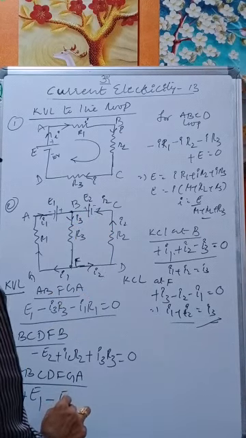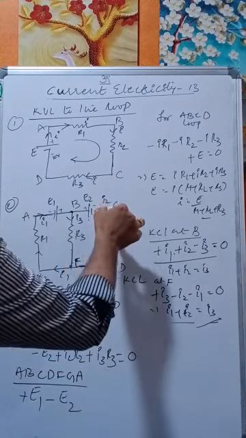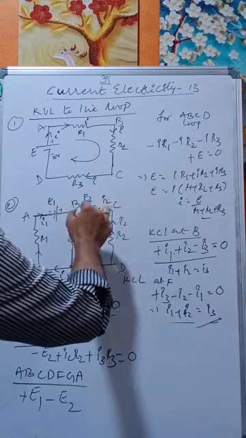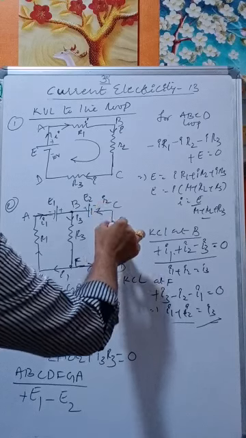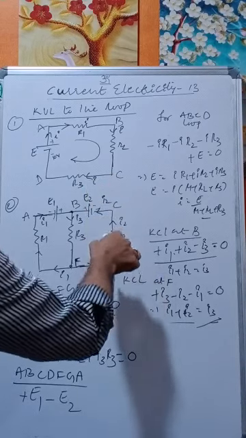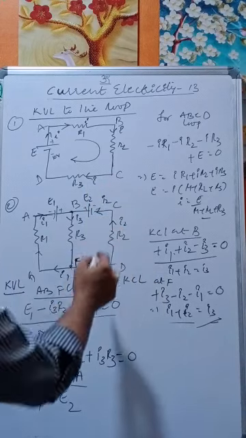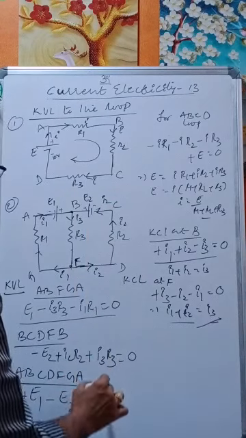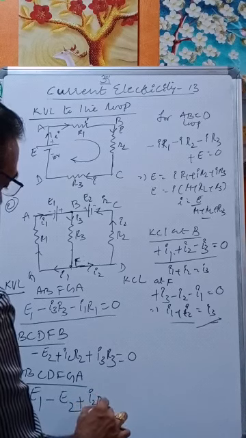Minus E2. In CD, the current is opposing as we move from C to D. Therefore, take it as positive: plus I2 R2.